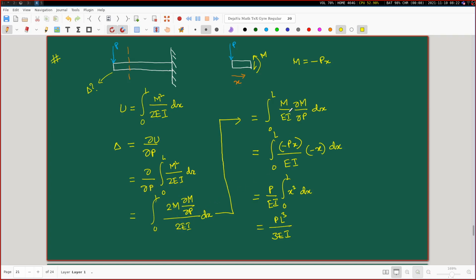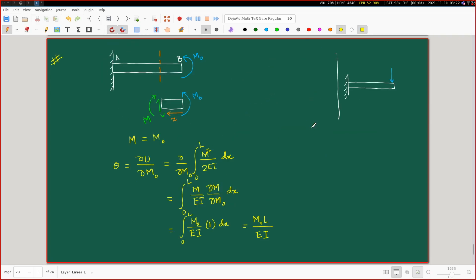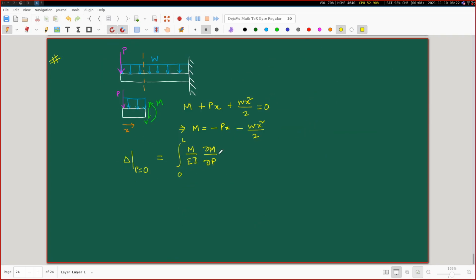It came out as integral 0 to L of M by EI del M del P dx. This is the general thing that we are going to use every time. That is exactly what I have written here. But now please note that this entire thing has to be evaluated with the understanding that P must be equal to 0.